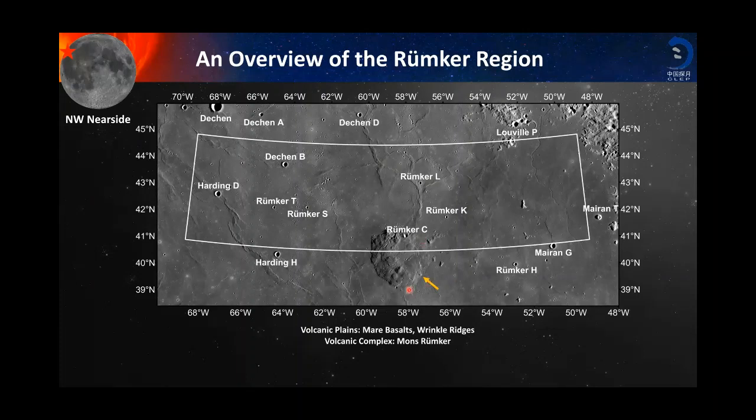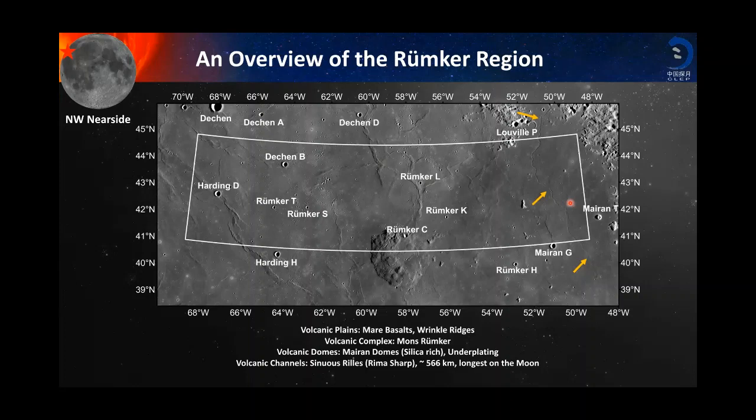Except for volcanic domes on Mons Rümker, there are some silica-rich domes in the west of Chang'e-5 landing region, and there is also a very long Sinuous Rille in the east of Chang'e-5 landing region, which is named Rima Sharp, and it has a length of over 500 kilometers.